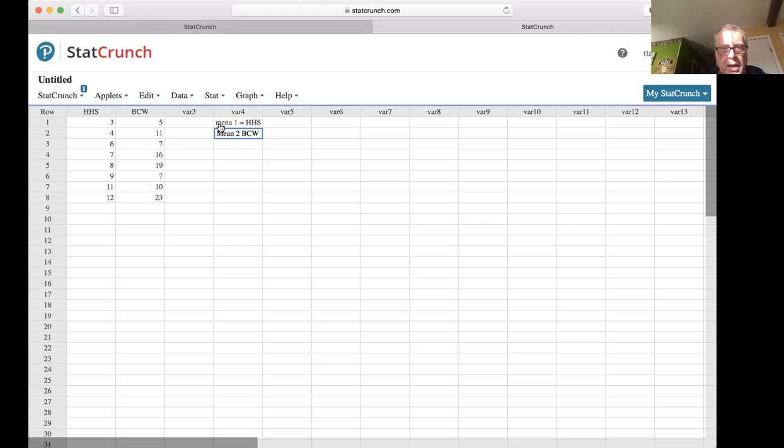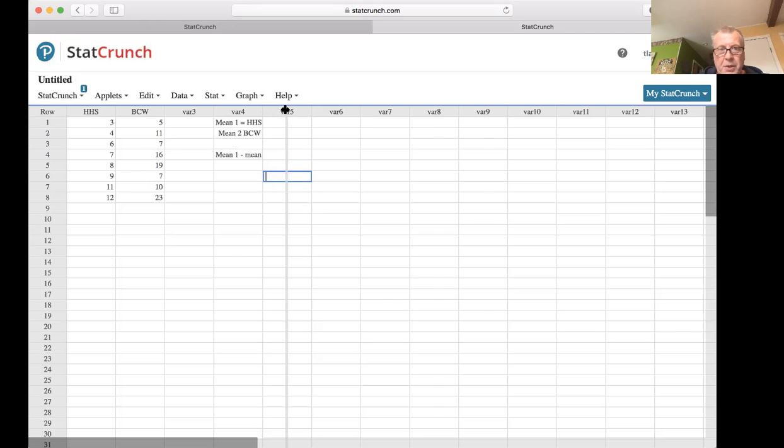Okay. And so, whoops, there's a typo there. We'll correct that. Mean 1 equals HHS. Sorry about that. And so now, this is going to be H0. Mean 1 minus mean 2 equals 0. Okay, so that's H0.